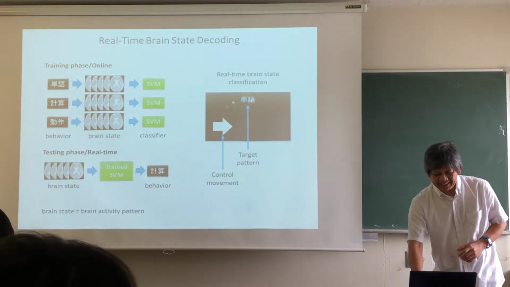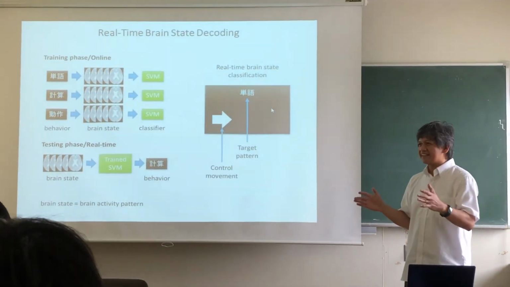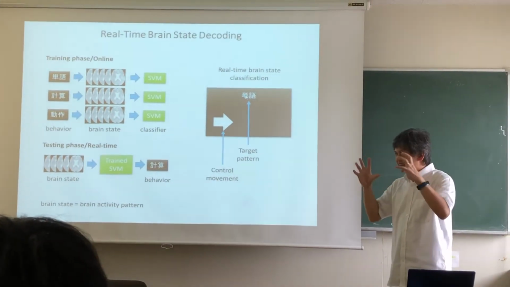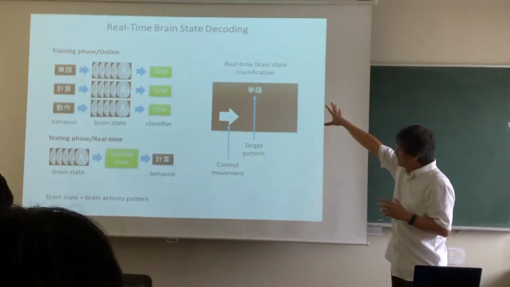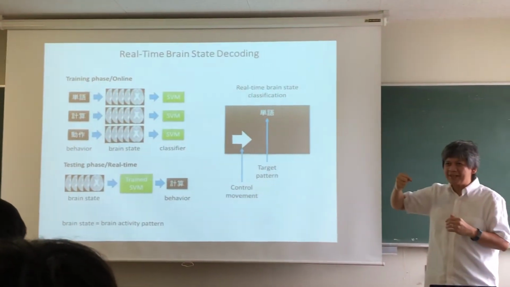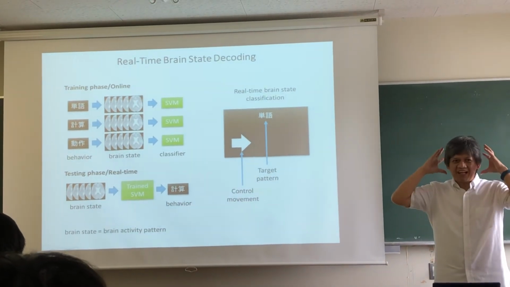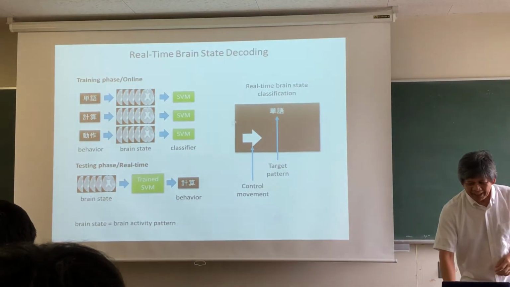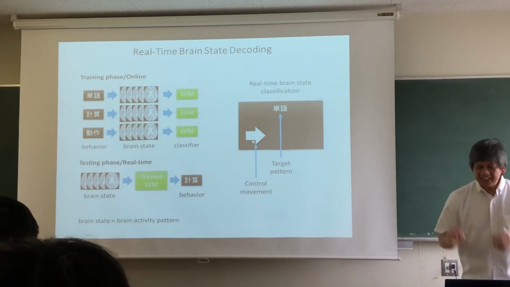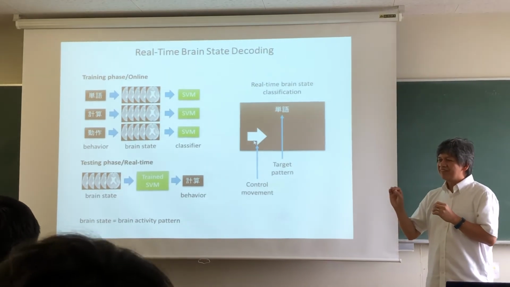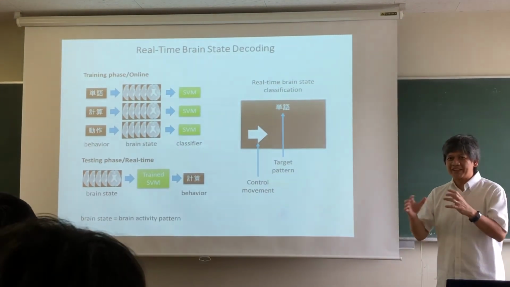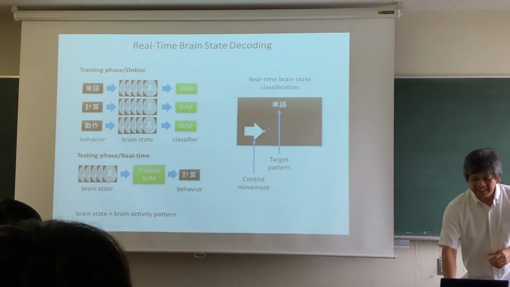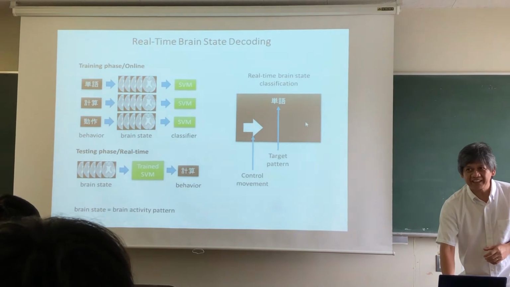And this is how it looks inside the scanner. Here, this is the target pattern of brain activity. So when you say word generation, the participant should try to make the activity in the brain similar to generating a word. And to make it challenging, if the SVM says that the current brain state of the participant is the same as the target, then this arrow will move to the right.